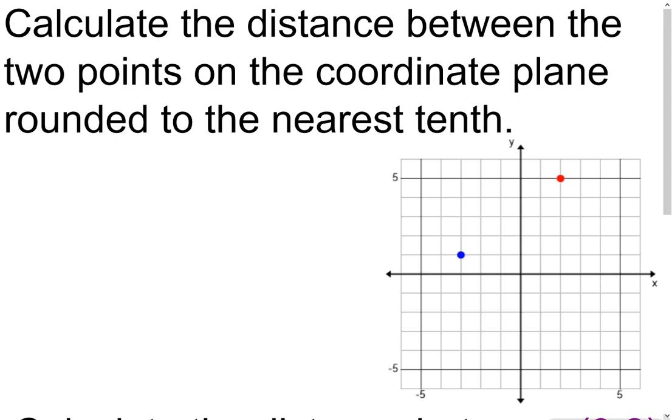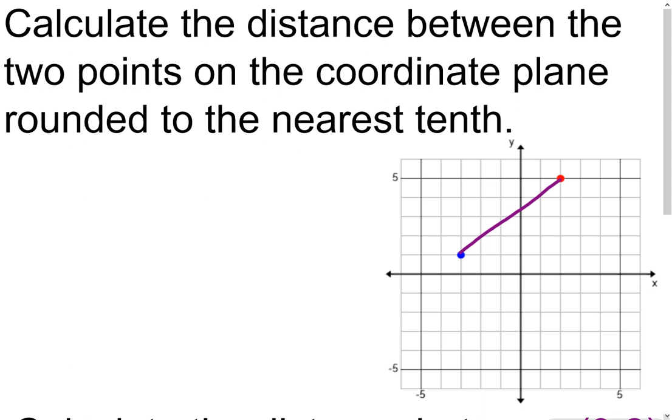But what happens when we get here and we want to calculate the distance between these 2 points? Now this becomes a little trickier because we can't figure out those intervals in there. That doesn't work. The diagonal ones are not 1.